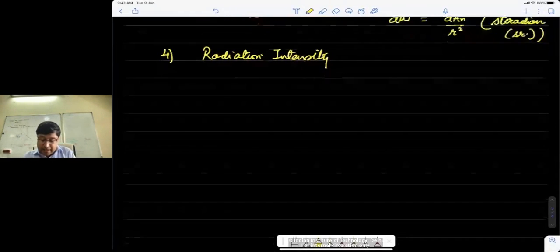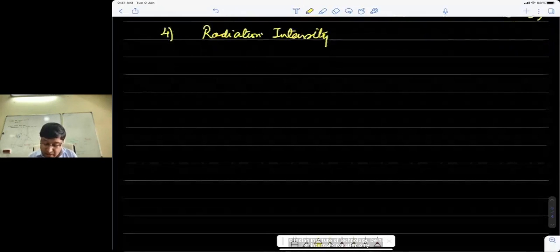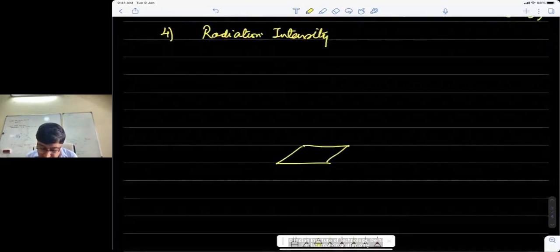To explain this idea, let me take a small, flat surface, dA1, which has a unit normal. Let me draw that normal in some direction.